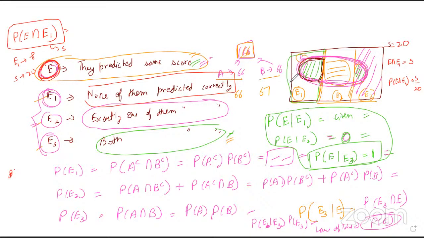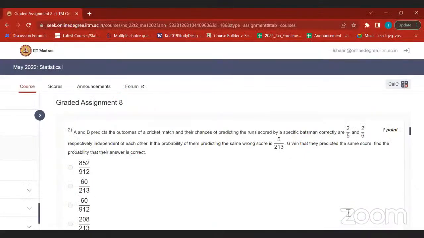From the understanding of the question statements, it should be even. If the question was framed like the probability of them getting the same score given that they were wrong, then I would not have been confused in this question.